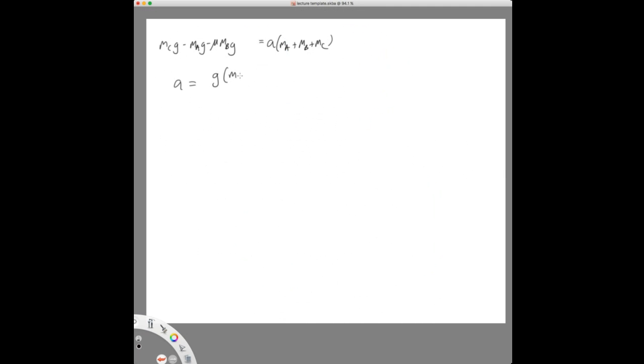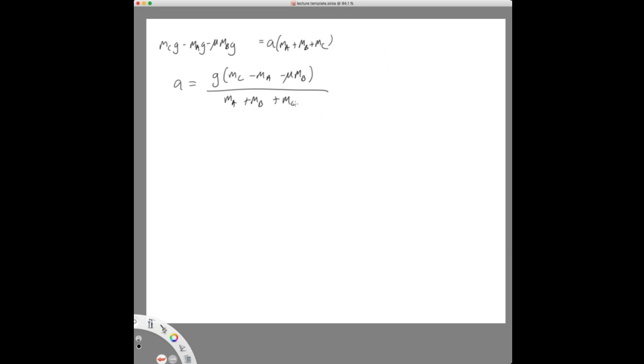So we have g times the quantity MC minus MA minus mu times MB, all over MA plus MB plus MC.